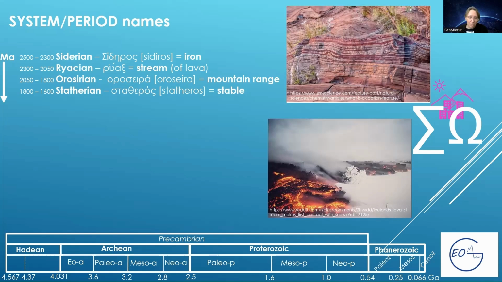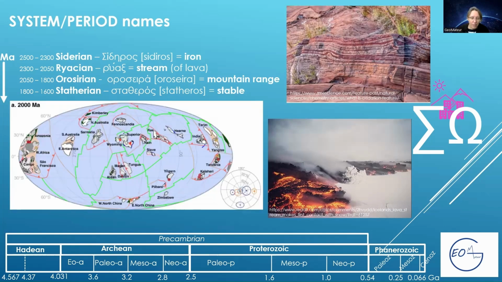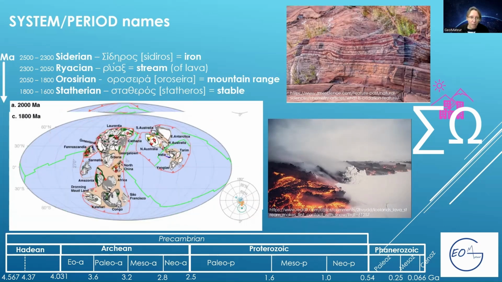And those shifts, if we look at this map presenting land masses around 2 billion years ago and land masses around 1.8 billion years ago, we can notice that the land masses that were scattered around the world about 2 billion years ago then began to create one super continent, squeezing ocean sediments between them, creating orogens, in other words, mountain ranges.